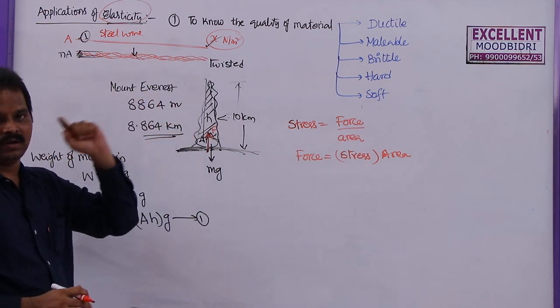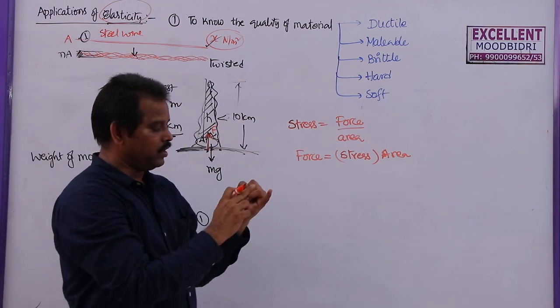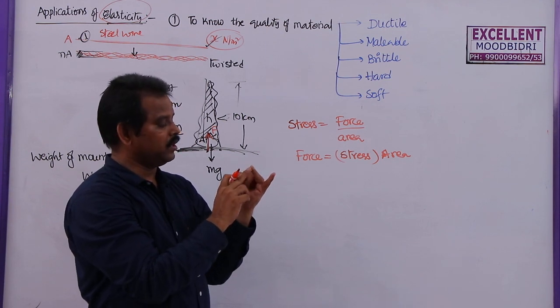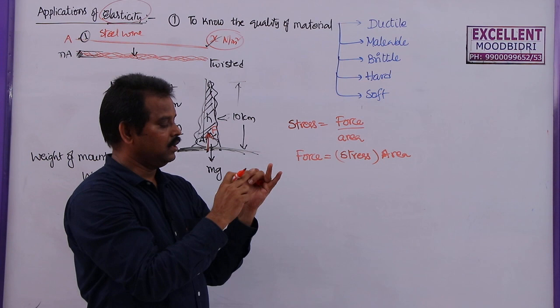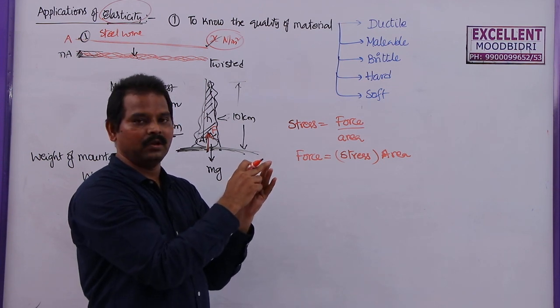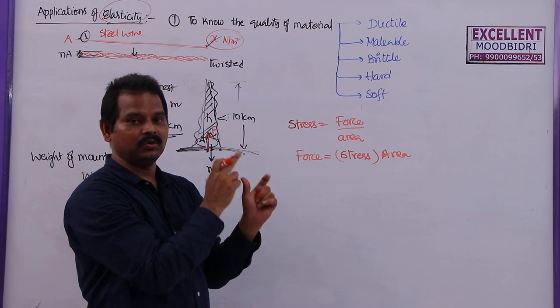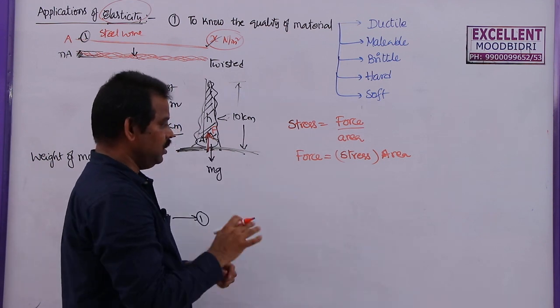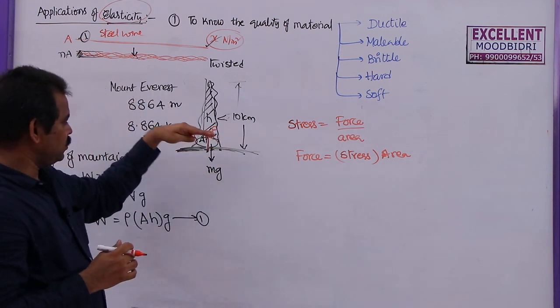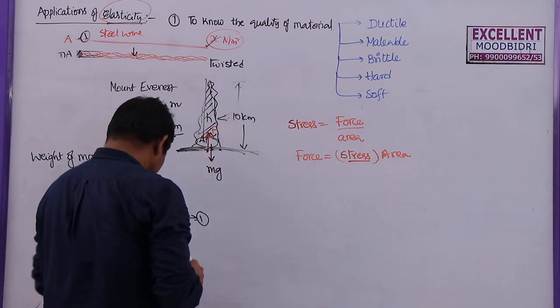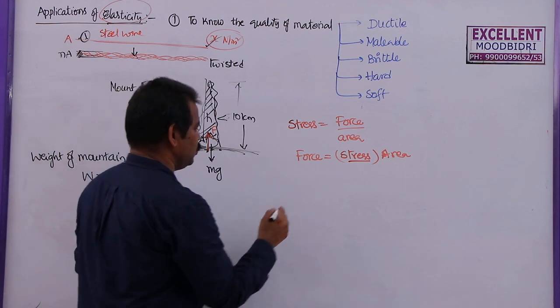Which stress do we have to take? In a stress strain curve we have different stresses: the stress corresponding to the proportionality limit, the yielding point, the upper yielding point, the breaking stress, and the breaking force. But to keep it safe, this stress must be up to the elastic limit only.